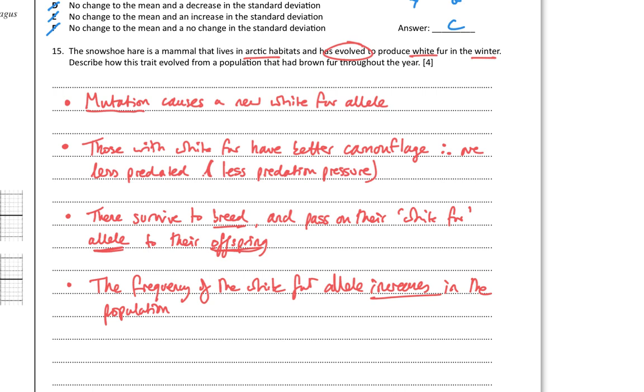And then evolution is a change in frequency of alleles of genes over time. In this case, because it's about a specific allele that causes white fur, this population is going to increasingly show this white fur trait, and therefore the white fur allele increases in the population.